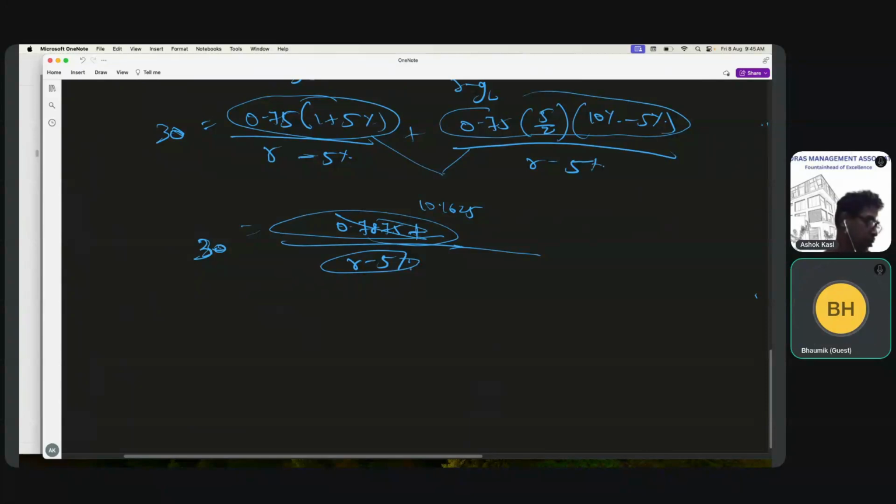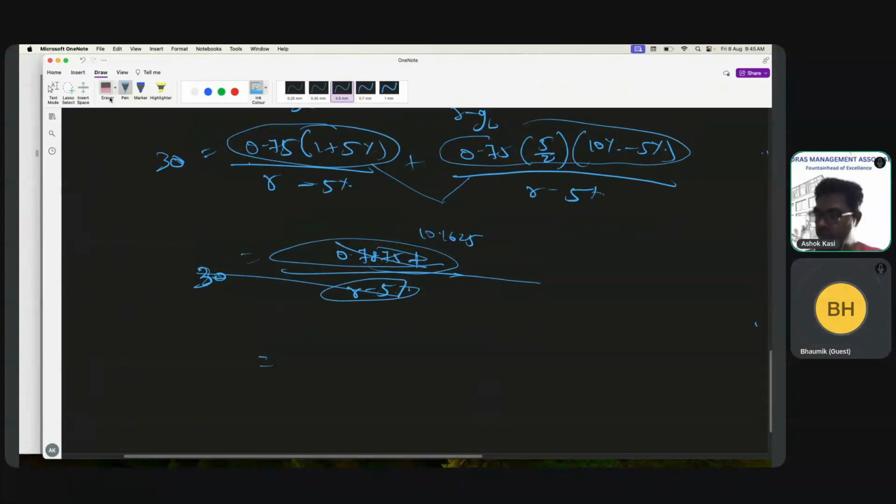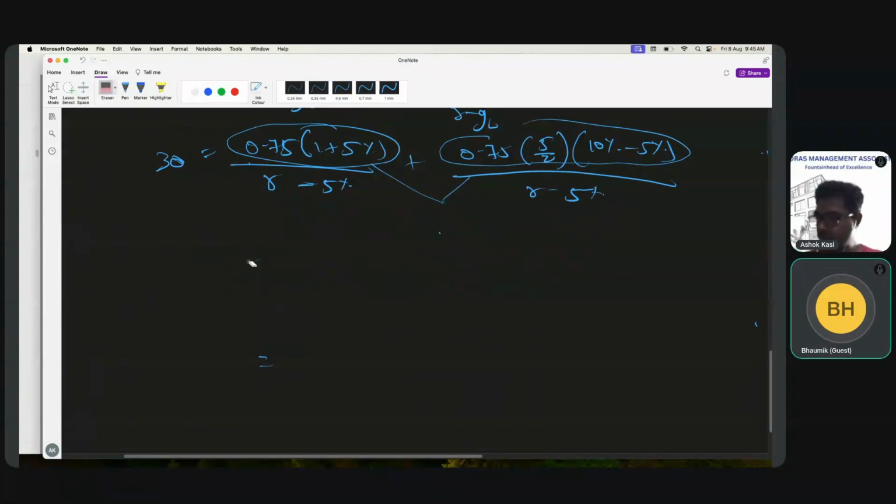No, sir, I'm not getting it right. Just solve this part. How much are you getting? 0.75 into 1 plus 10, 0.7875.